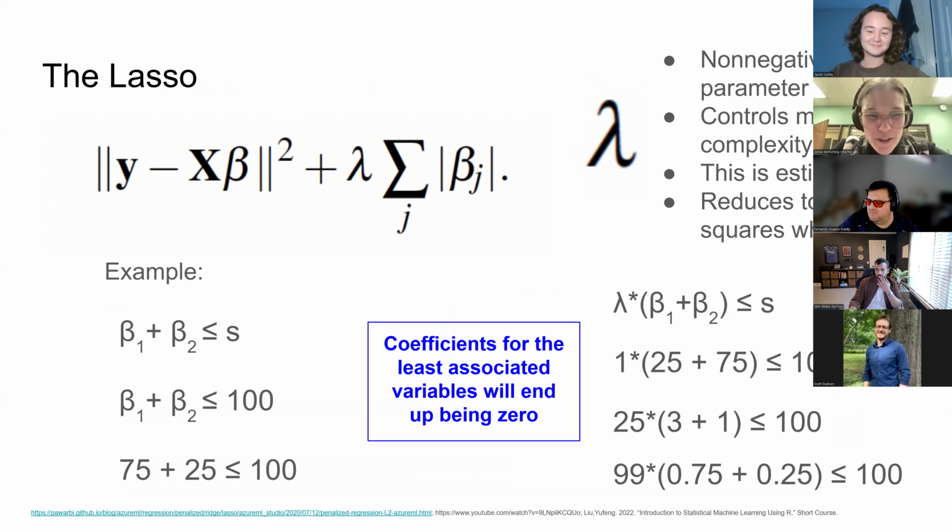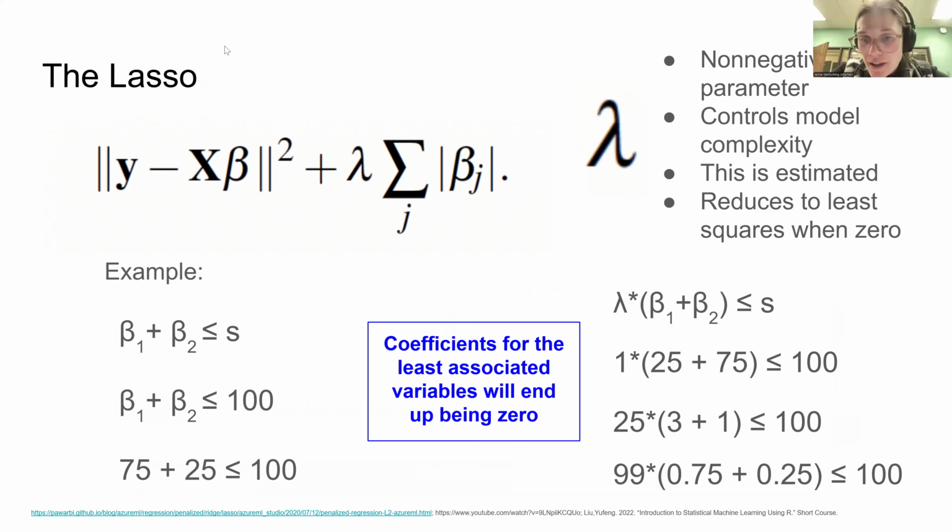We see the same coefficients that we had without any lambda value included. If we increase our lambda value to 25, our coefficients have to shrink in order to still fit the threshold that we set. So they reduce to 3 and 1. And if we really increase our lambda value to 99, our coefficients become really, really small. They become 0.75 and 0.25. And that's once again to keep the coefficients below this threshold that we're imposing.